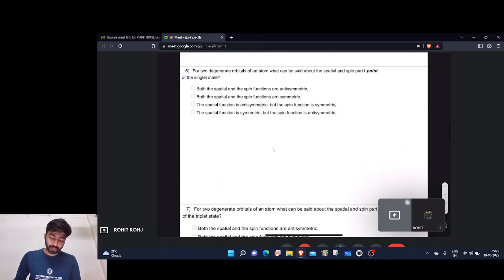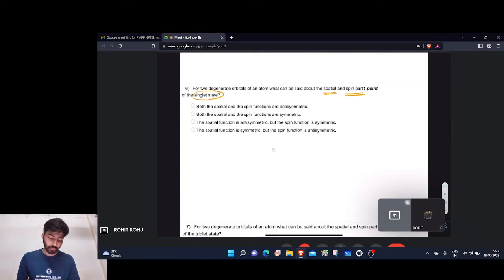Now question number 6 is the following: for two degenerate orbitals of an atom, what can be said about the spatial part and the spin part of a singlet state? This can be answered in the following way.